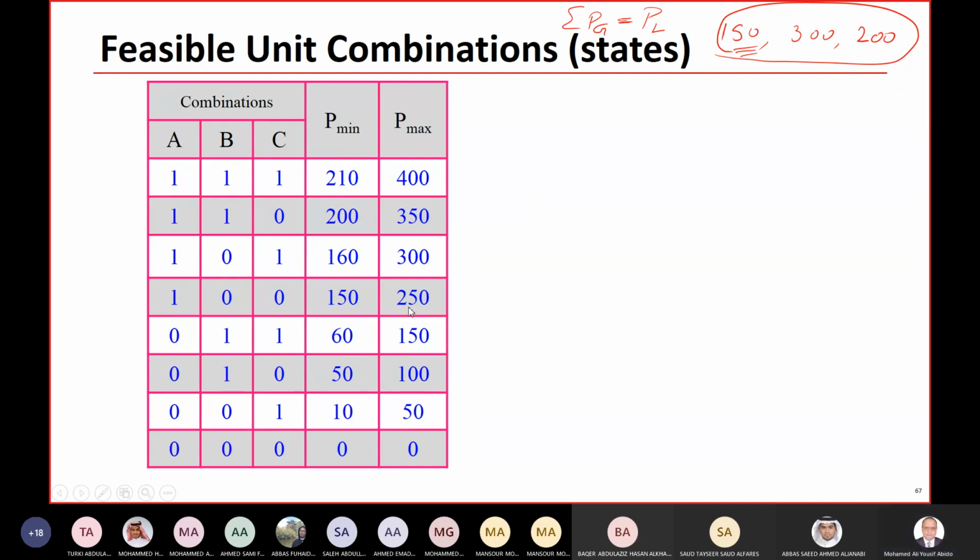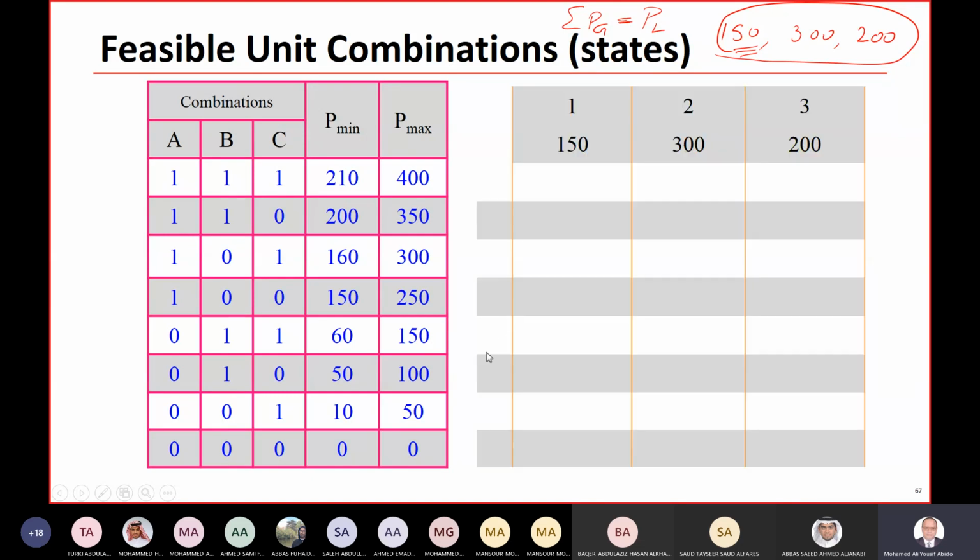This one? Feasible. Yes. This one? Feasible. This one? No. The maximum is 100 and the load is 150. So this combination is unfeasible. This combination also is unfeasible, and definitely this combination is unfeasible.